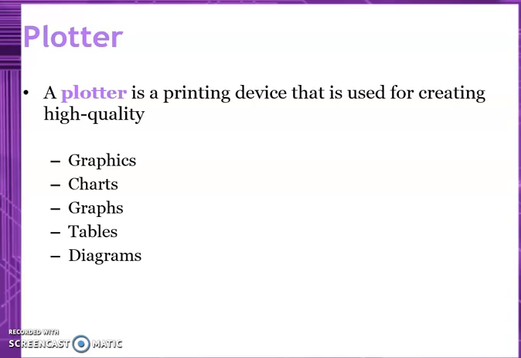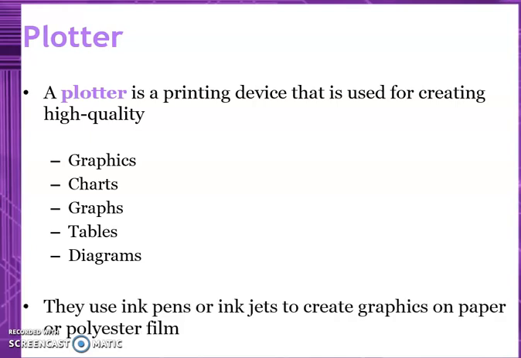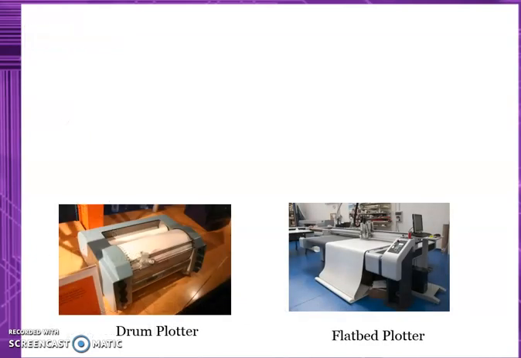If you see banners, they have some graphics, some information, some charts, and also diagrams. These types of prints are printed by the plotter. Plotter is a printing device. They use ink pens or inkjets to create graphics on paper or polystyrene.